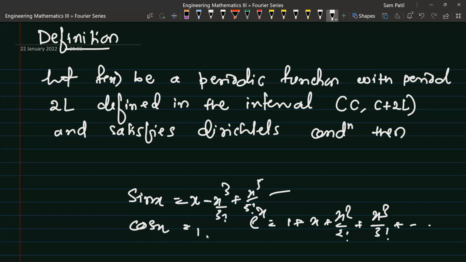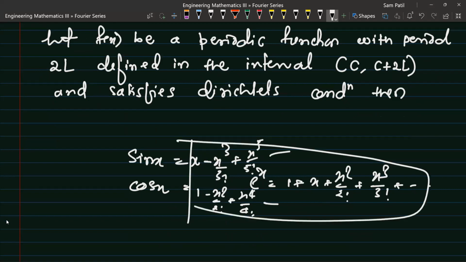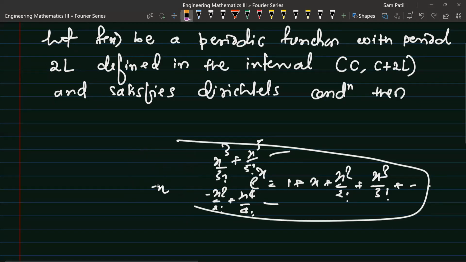Cos x is 1 minus x square upon 2 factorial plus x raised to 4 upon 4 factorial, and so on. These are the series expansions of sine, cos, e raised to x. You can also find the series expansion of the log function and all those things. So how do we find these types of series expansions? We have different kinds of methods, and the Fourier series is one of them.